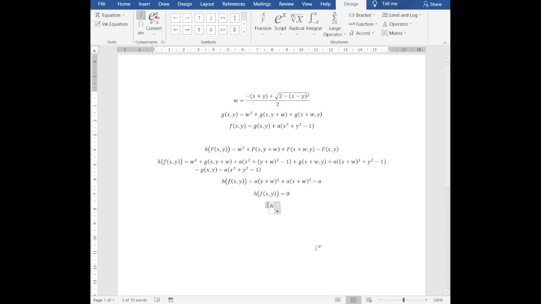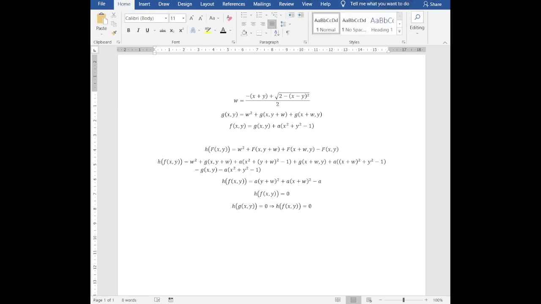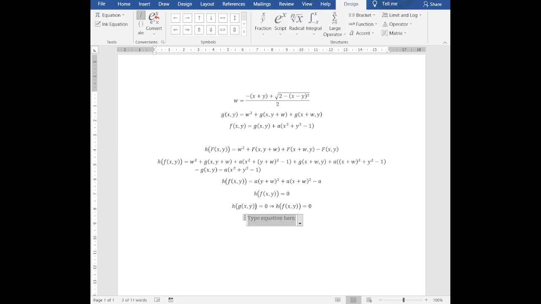Hence, if there exists a single solution, g of x and y, then if g of x, y equals 0, that implies that h of g of x and y equals 0, so that h of f of x, y is equal to 0, which implies that if g is a solution, h is a solution.